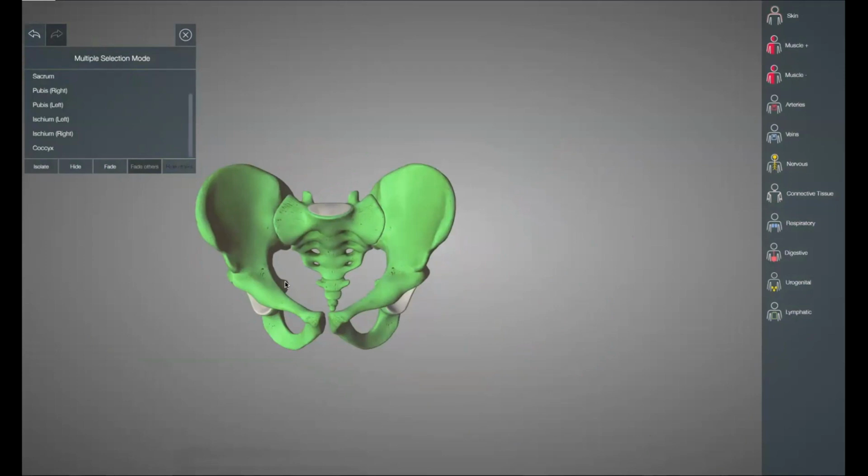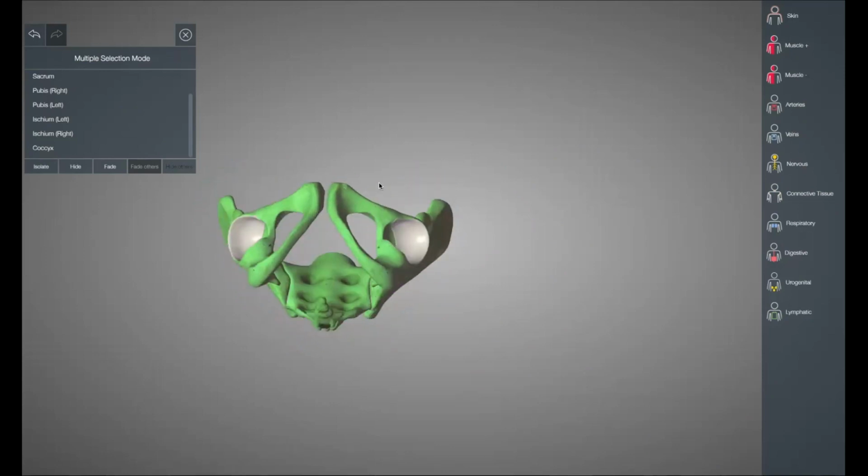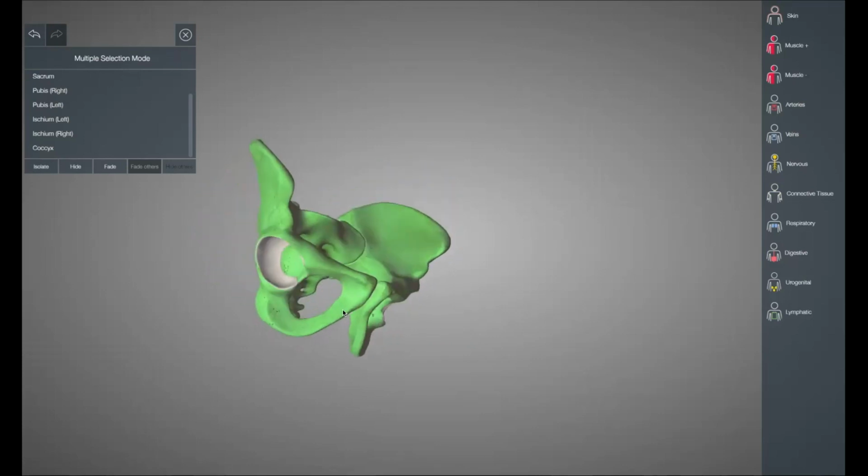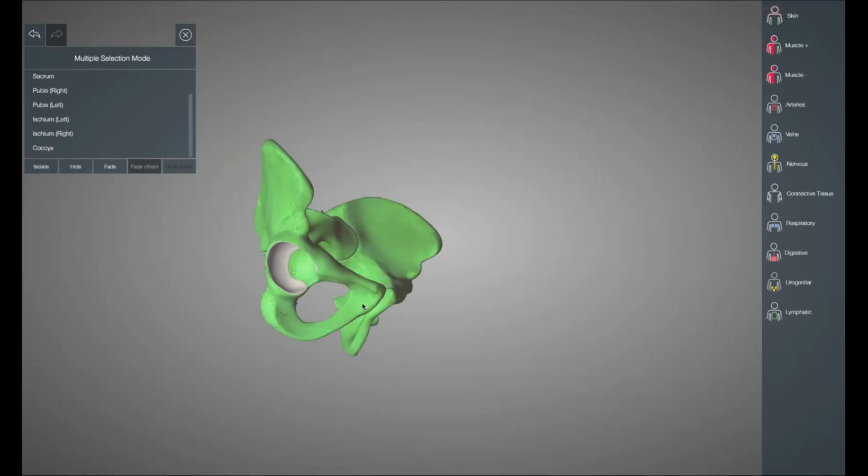A very nice point for Siriski is that he loves for you to know the borders of the pelvic inlet and the pelvic outlet. We know greater and lesser, between the bones.